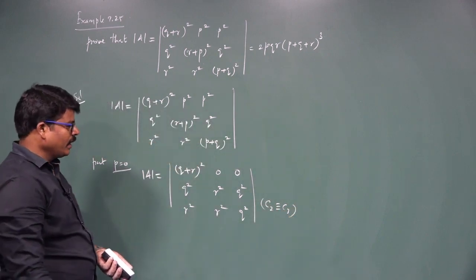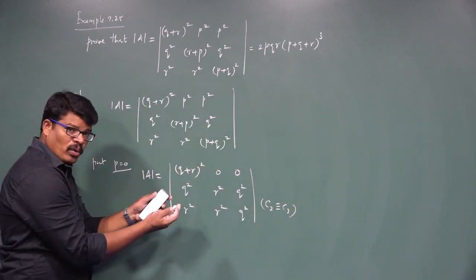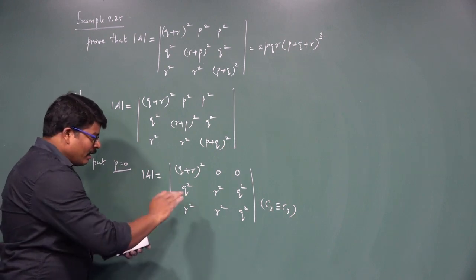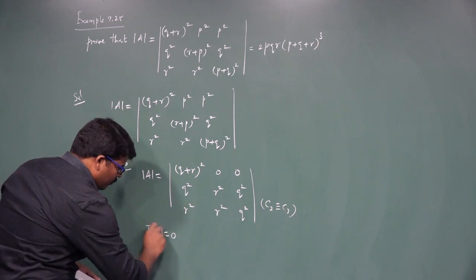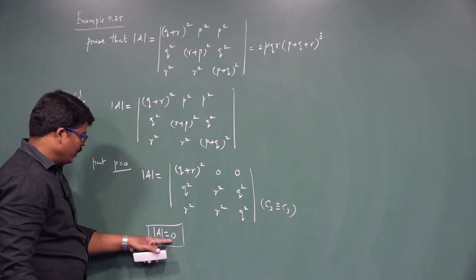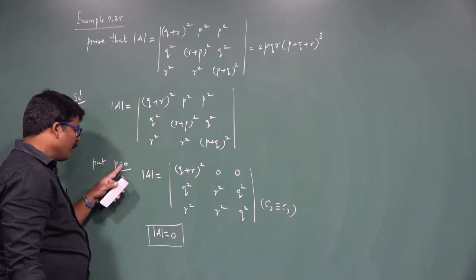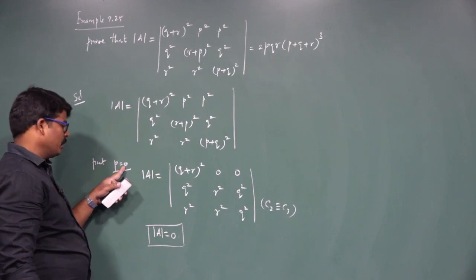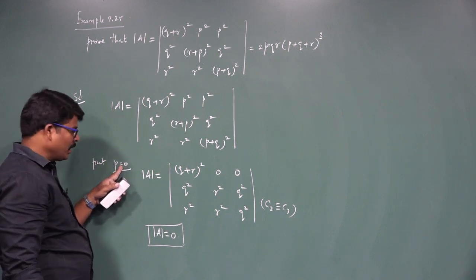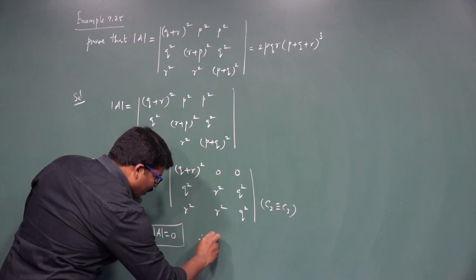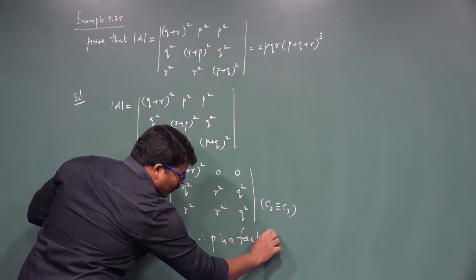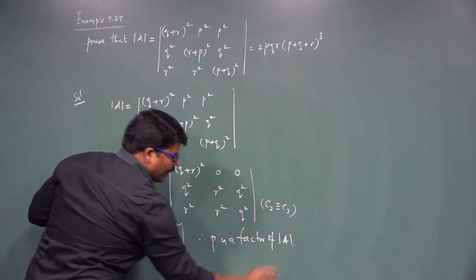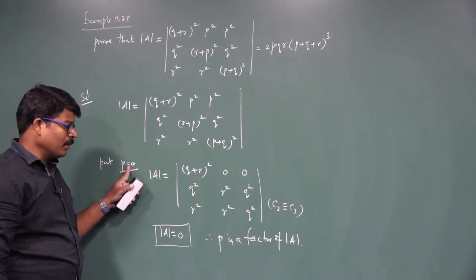If any two rows or any two columns are identical, the determinant value is 0. So determinant A equals 0. Therefore p minus 0, that is p, is a factor of determinant A.